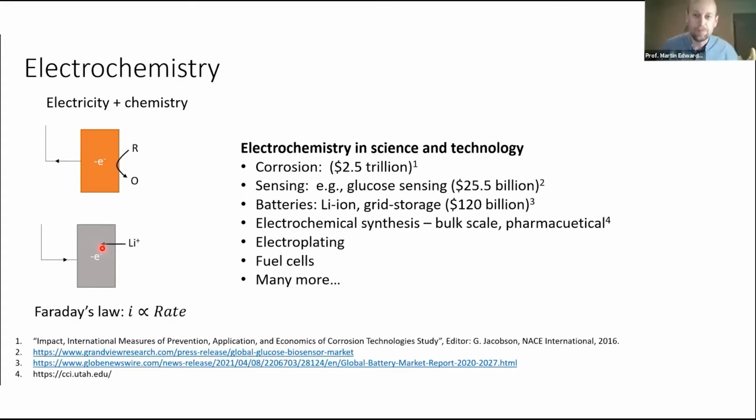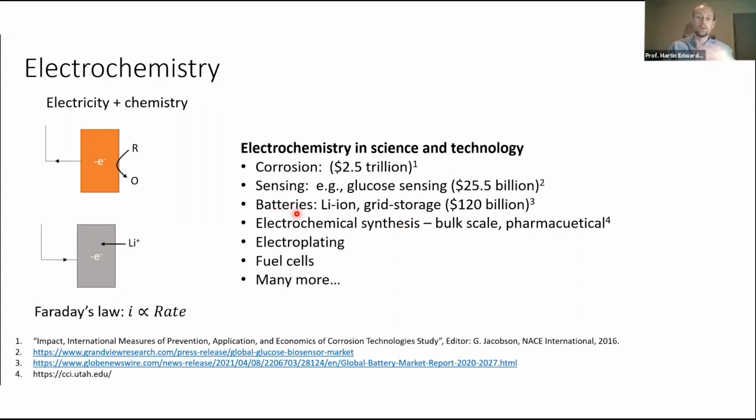Electrochemical science appears in tons of technology. Probably the biggest market is corrosion, which is at the heart of it an electrochemical process, but there is also electrochemical sensing, thinking about glucose sensing, perhaps the biggest one that we're familiar with. Batteries, you're going to hear a whole bunch about in the rest of this session.